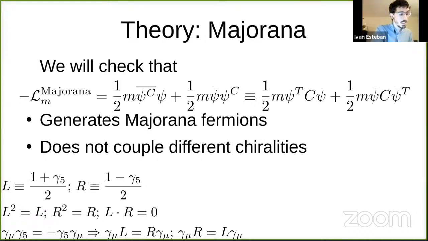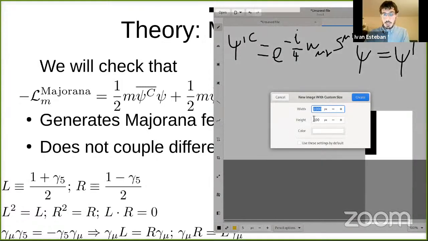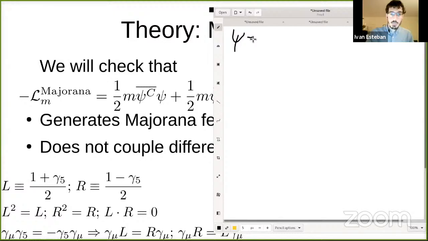The basic idea here is that we will take this fermion field psi and separate it into its left-handed chiral and right-handed chiral parts. So we will take the field psi and separate it as a left-handed projector times psi left plus a right-handed projector times psi right.